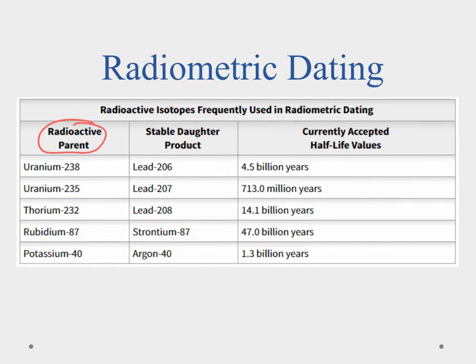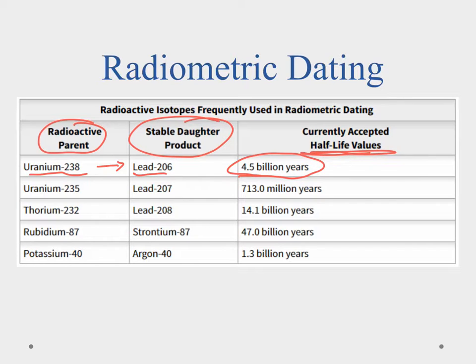So taking a look at this chart from the lessons, you can see that we have our radioactive parent and then we have our stable daughter product. And then we can get some ideas here of half-lives. So uranium-238 is going to decay down into lead-206, and it takes about 4.5 billion years for this to happen, and that's about the age of the Earth. So that means of any of the uranium-238 that was around, we now have half as much.